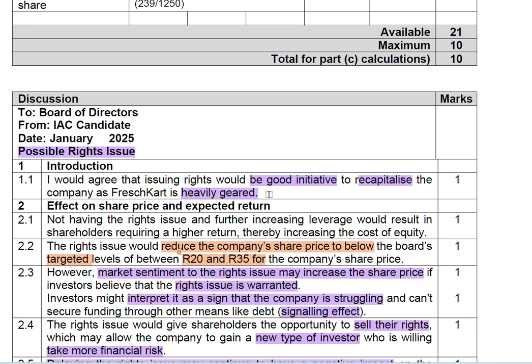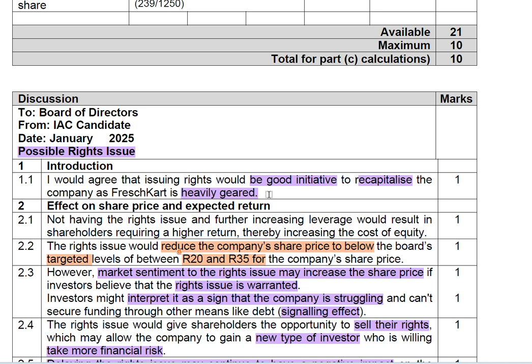And we've seen when calculating ratios that all our ratios have improved as a result of the rights issue. Which is why you have to state the obvious. You're saying you like this initiative. One, it will reduce the debt that we have without us spending anything except issuing more shares. So it is a good initiative.